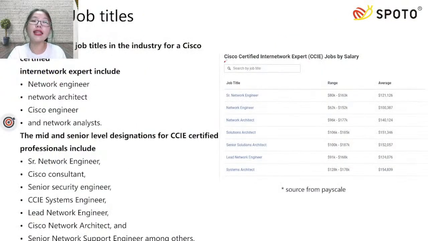So let's see the CCIE job titles. We can see the job titles first, and then we will introduce the EI lab demo. So don't hurry.